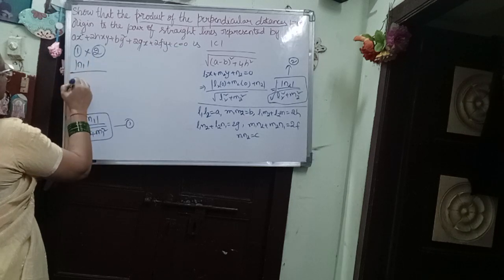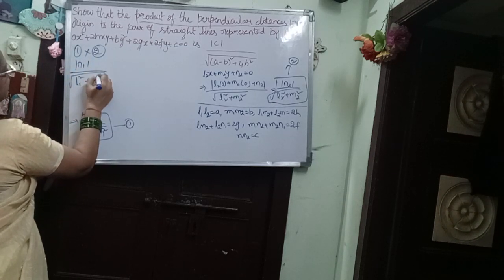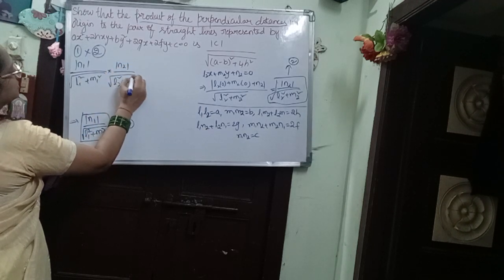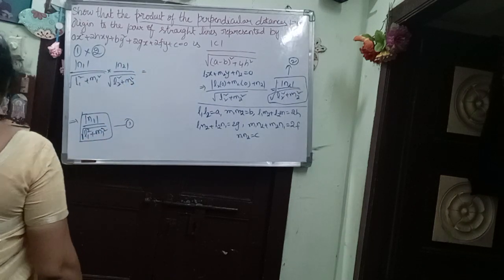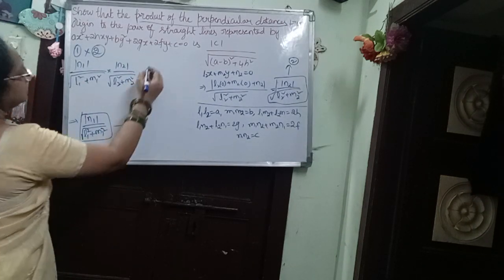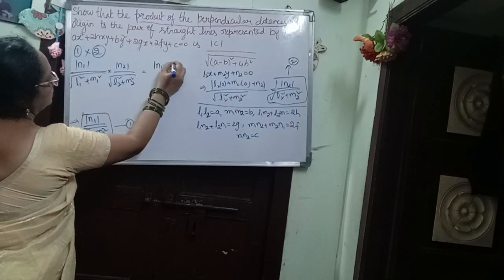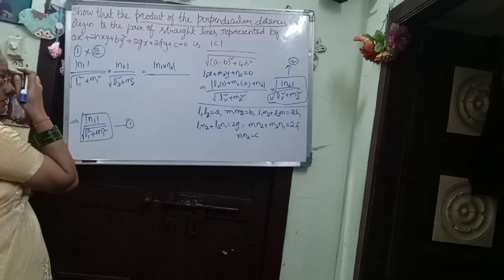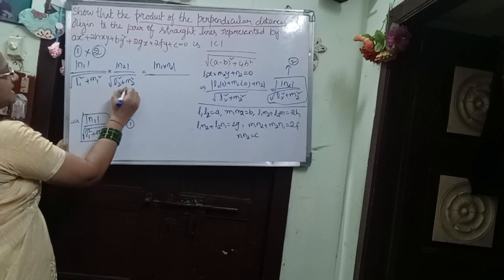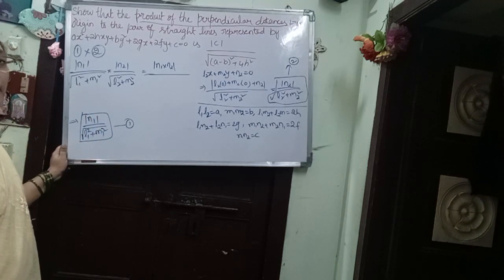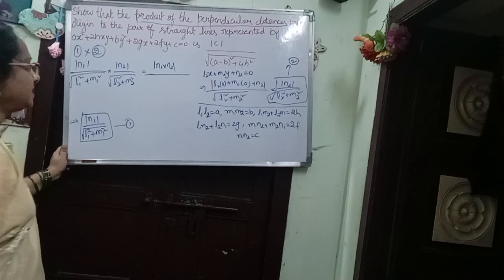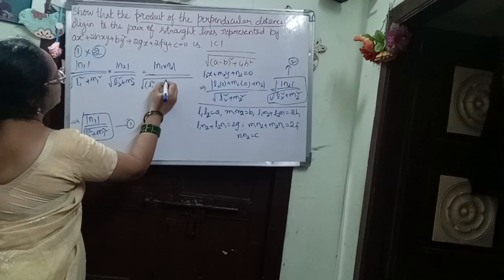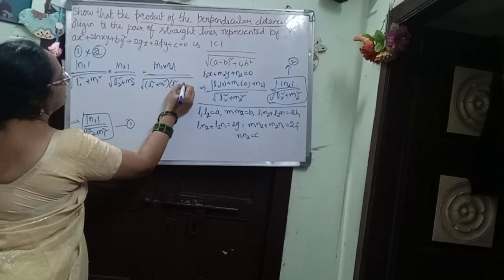Mod N1 by root of L1 square plus M1 square into mod N2 by root of L2 square plus M2 square, which equals mod of N1 N2 by, what now? Root A into root B equals root AB, right? So this you can write as root of (L1 square plus M1 square) into (L2 square plus M2 square).